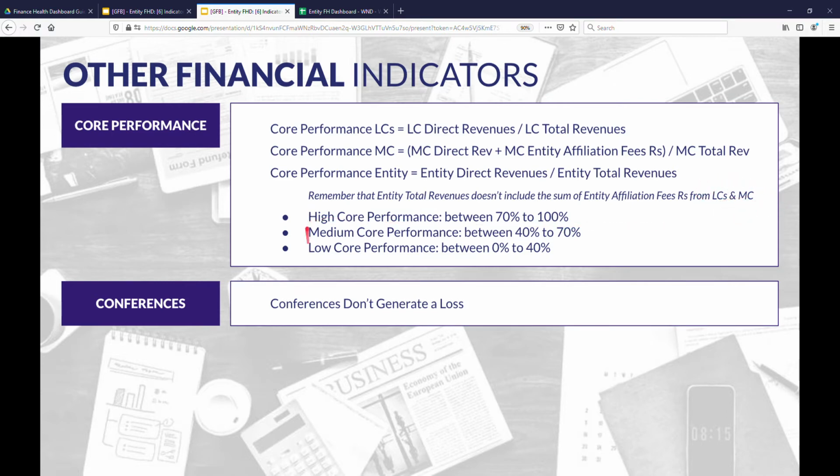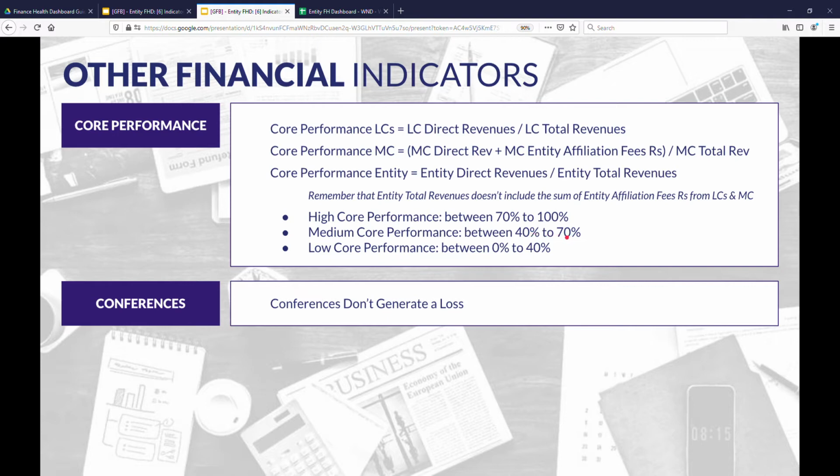There are three levels of core performance. Either you are high, medium, or low. If you are high, your result should be between 70 to 100%, which means the majority of the revenue you have is core revenue. Medium is between 40 to 70.